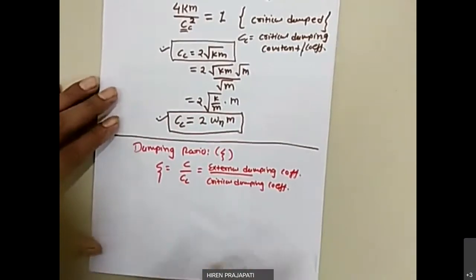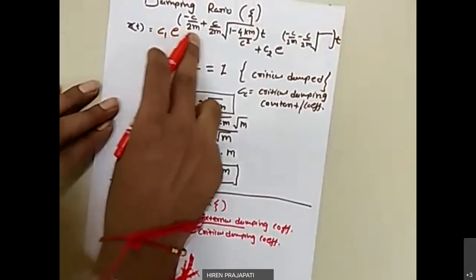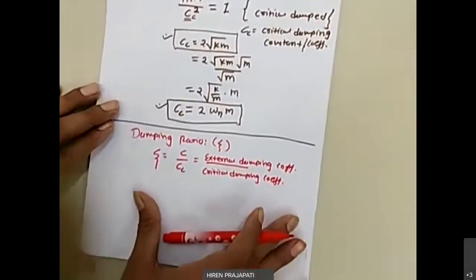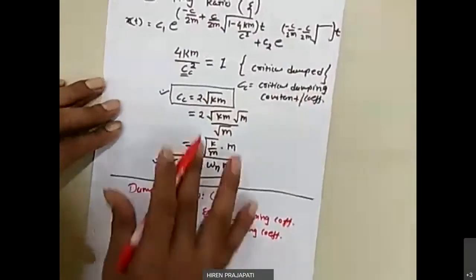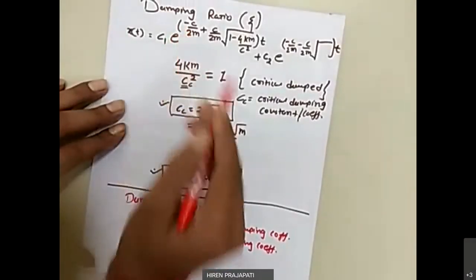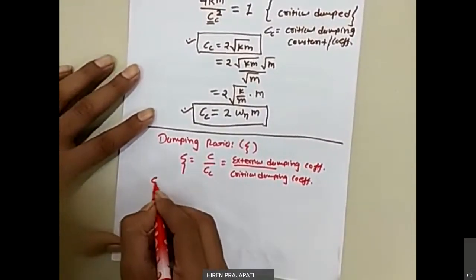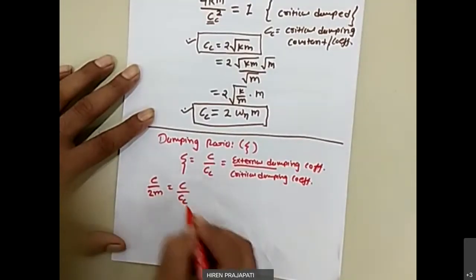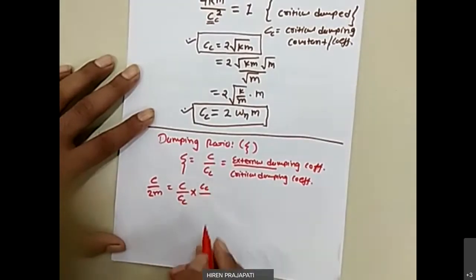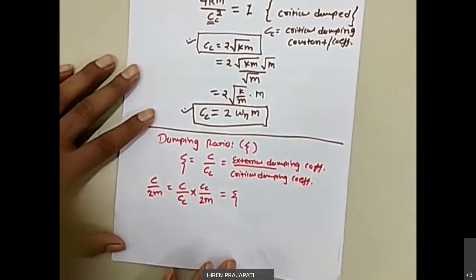Okay, now for introducing this zeta in our governing equation of motion, we are doing some modification in the equation. Here, if you look at this C by 2m, I am modifying that C by 2m. If you divide by Cc and multiply by Cc, then there is no change in the equation, right? But the C by Cc is now called zeta, damping ratio.